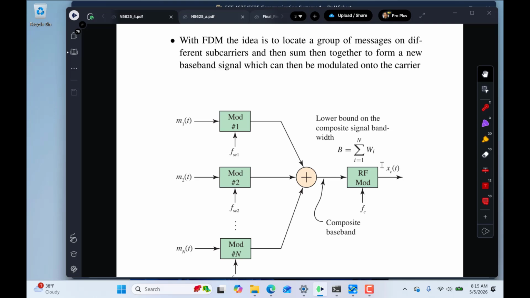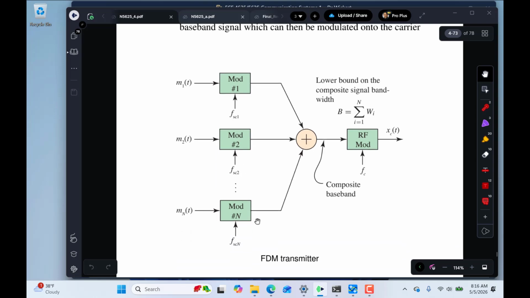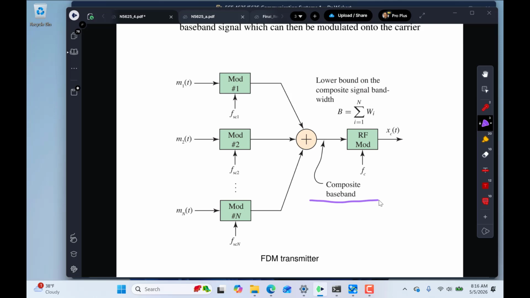So you're going to put message 1 on a subcarrier FSC1, and then you're going to put message 2 on FSC2, and as many of them as you want to combine. And then you're going to take that composite baseband waveform and put it into an RF modulator that's going to put it onto the carrier frequency.